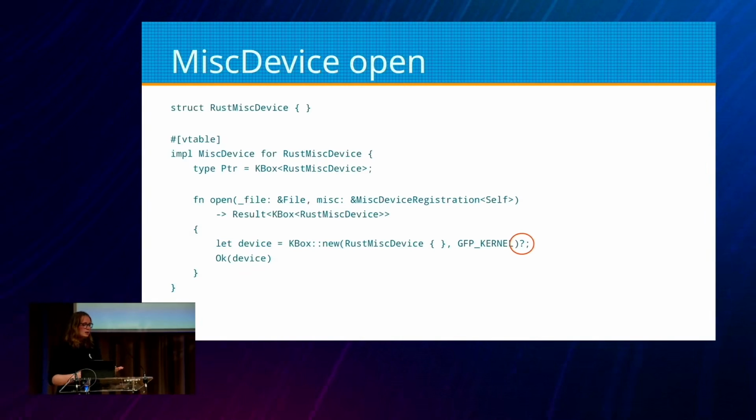And you may have noticed this question mark, and that's a special operator in Rust called the try operator, which basically says, I'm calling a function that could fail, right? KBox new allocates memory, so it could fail. Maybe you're out of memory. And the question mark means, if this fails, then stop execution, just return from the function and return the error. That's what it does.